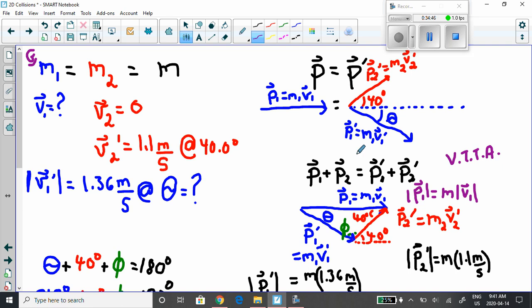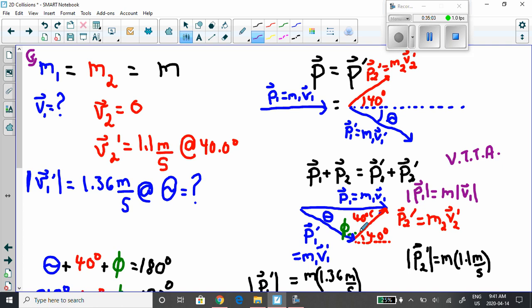I said, look, if you take P1, there, I've drawn P1, and you do vector tip to tail addition and add the red vector, there it is. So I'm adding the blue vector and the red vector through vector tip to tail addition. I've drawn it right there.